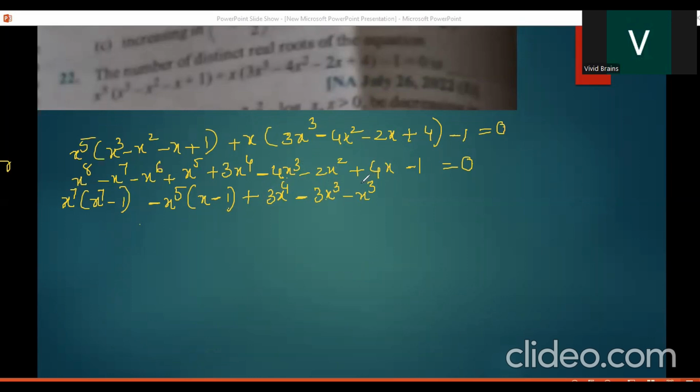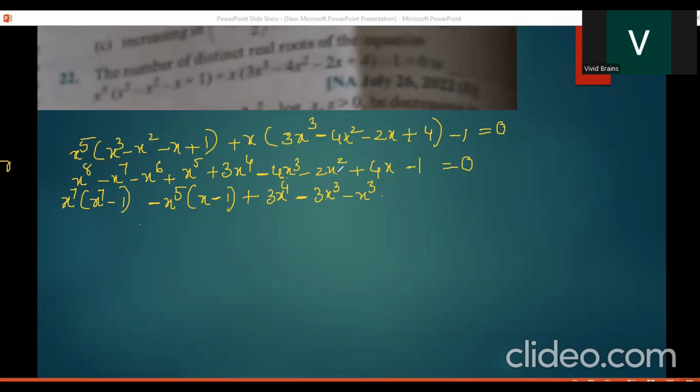How do I write it? Tell me. You can observe here, I can write this 2x^2 as plus x^2 minus 3x^2. So here 3x^3 into x minus 1 we will get. This term is okay. Minus x^3 is left now here, and then minus 2x^2 is also left.